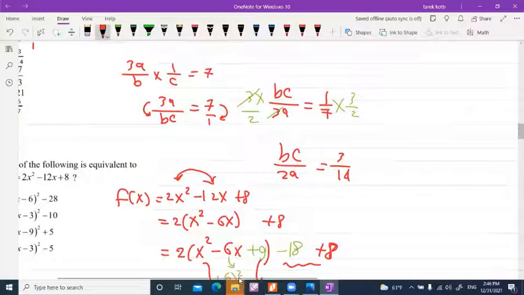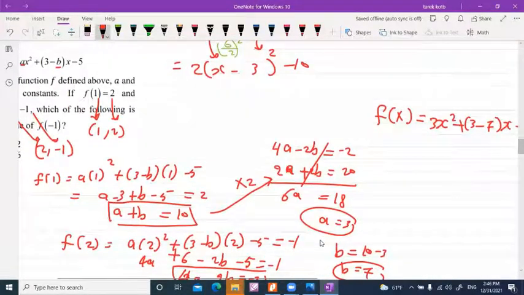Now this equation does not include a and b. It only includes the x.